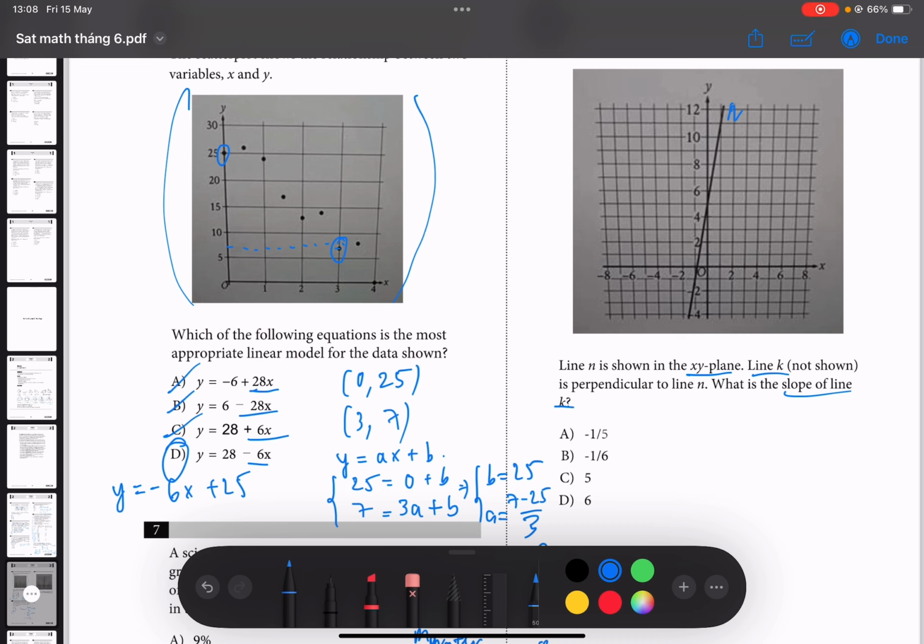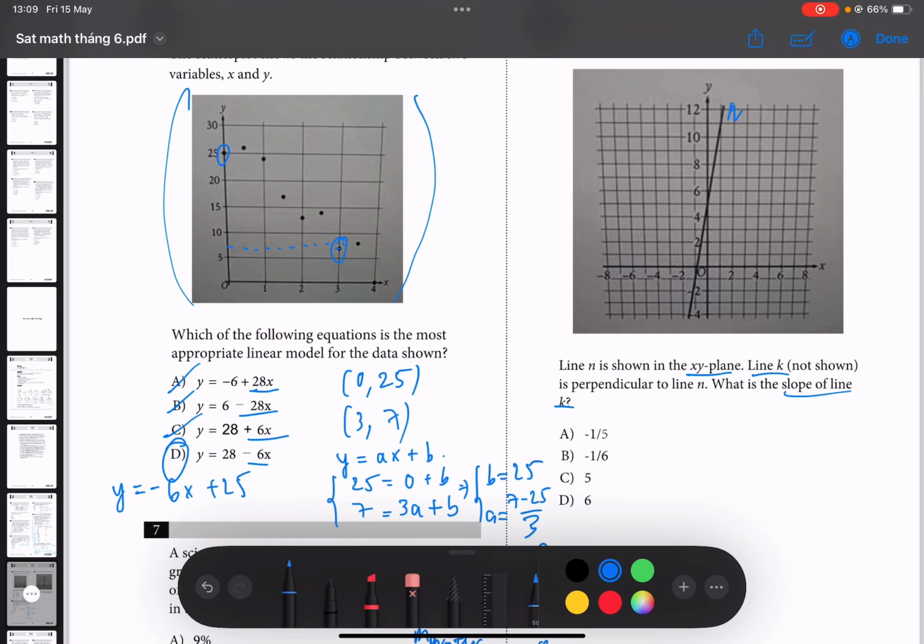For this question, you have to know that if two lines in the xy-plane are perpendicular to each other, the product of the slopes of these two lines will equal minus 1.